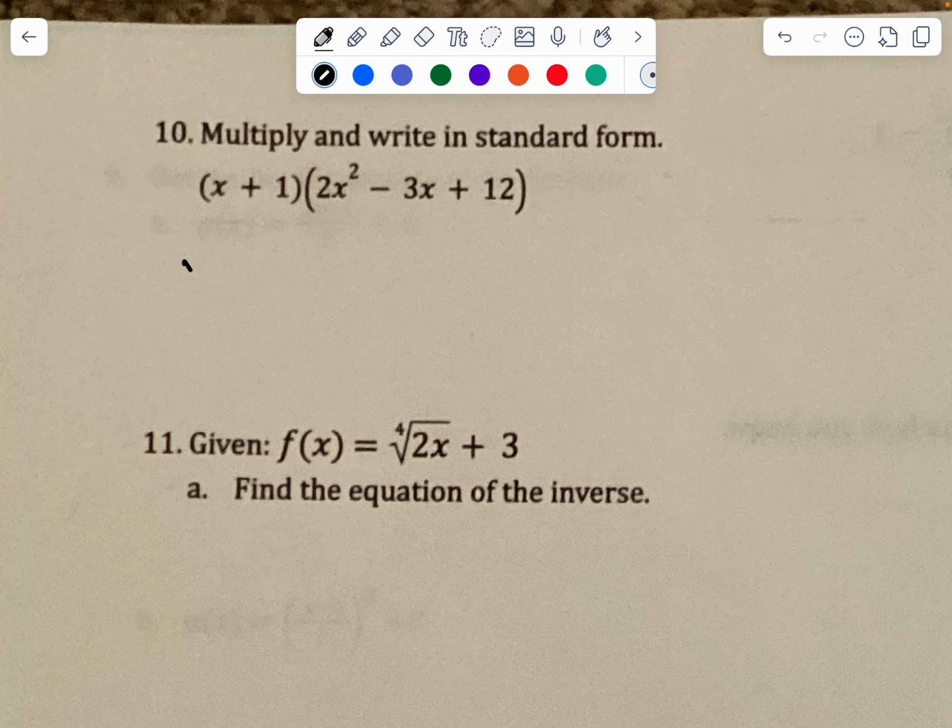Alright, next problem, multiply and write in standard form. So we'll just do a box method here.